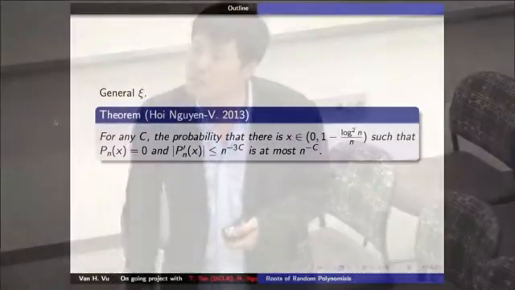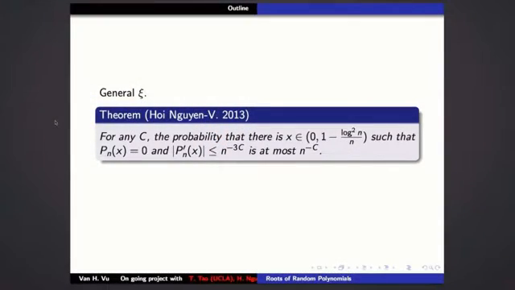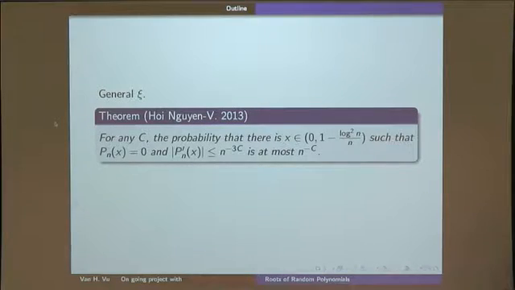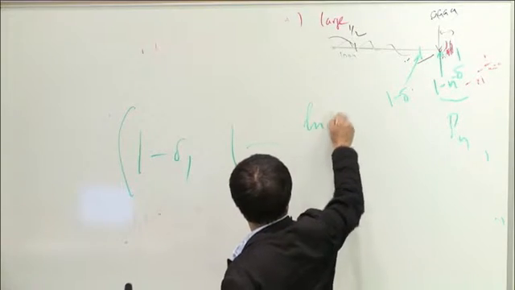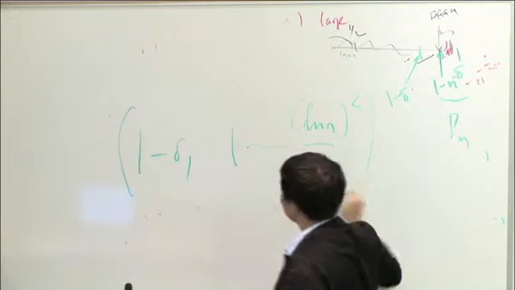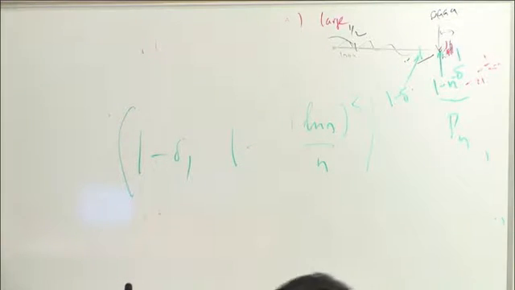Okay, so what we can show is that if you look at the interval from 1 minus delta to 1 minus, say, log n square over n, then you are not going to have a double root, and actually not even a near double root, namely where the polynomial has a root and the derivative is not 0 but very small.